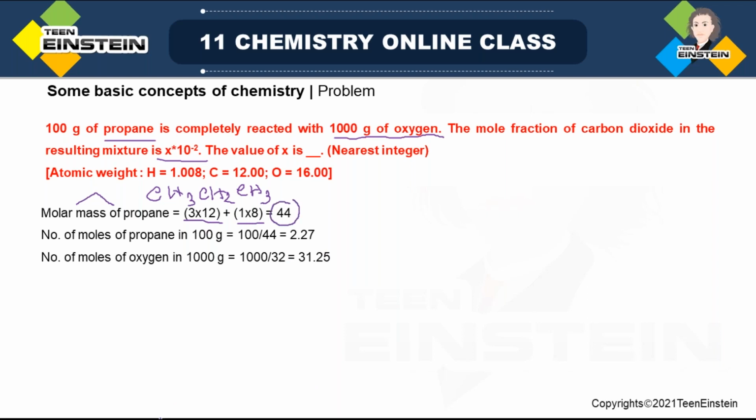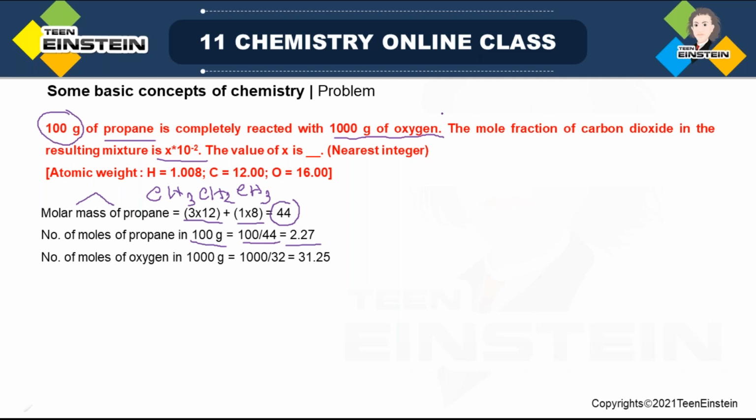Once you know the molar mass of propane, you can find the number of moles of propane present in 100 gram. Number of moles of propane present in 100 gram is given mass divided by molar mass, it is 2.27. Okay. And also here 1000 gram of oxygen, because 100 gram of propane is reacting with 1000 gram of oxygen.